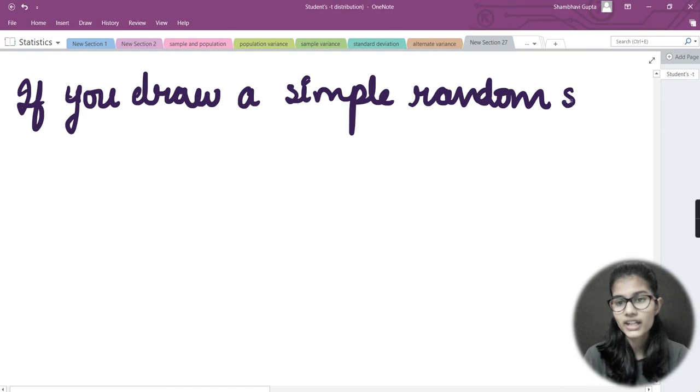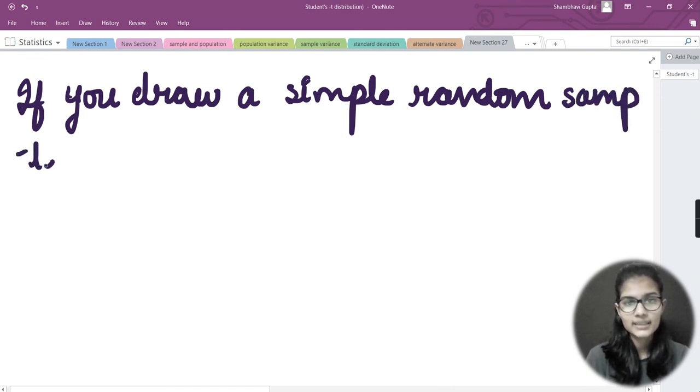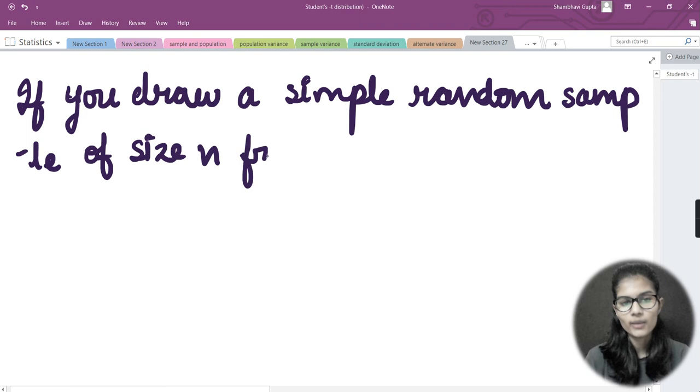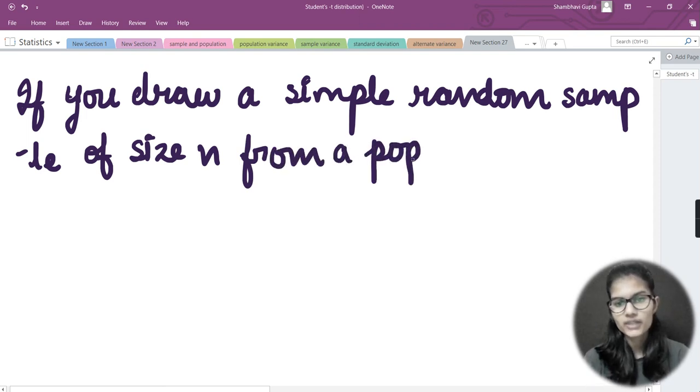For random samples we had already covered this in the previous video. So if we draw a simple random sample, let's say of size n, I'm simply taking a small n. Now basically from a population, right? The random sample is always drawn from a population, so I'm writing that here.